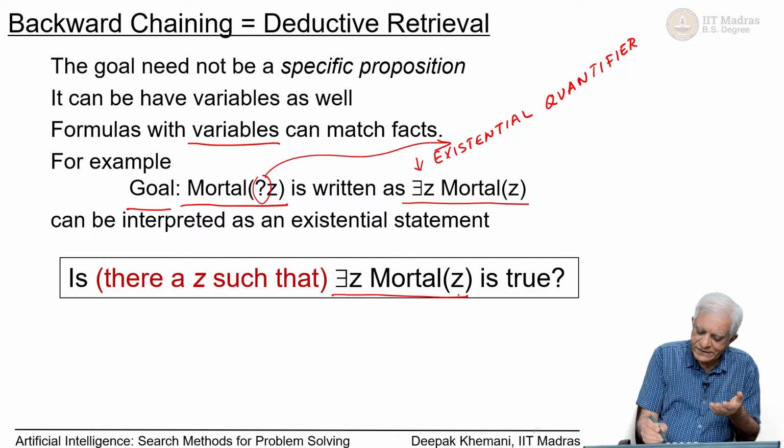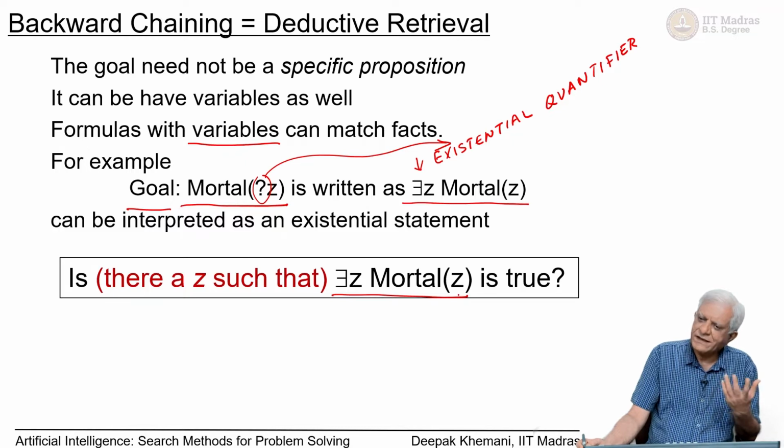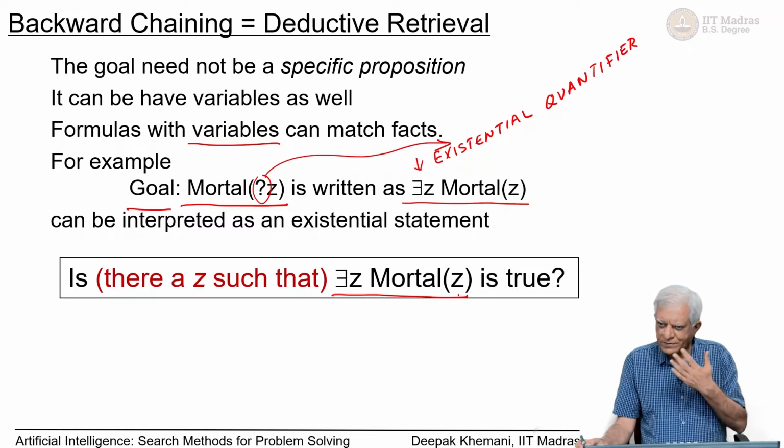This says that there exists a Z such that Z is mortal. So, it is like saying, is there an even number, or is there a number which is a prime? Then of course, you can answer yes or no, since you are talking about logical reasoning and answering queries, but you can also produce an example.